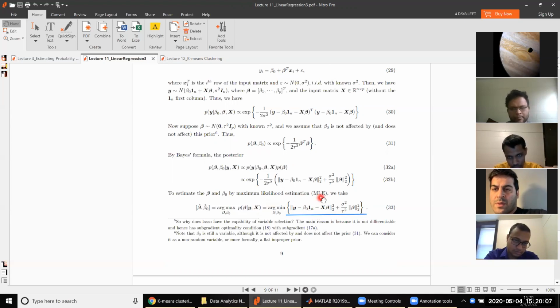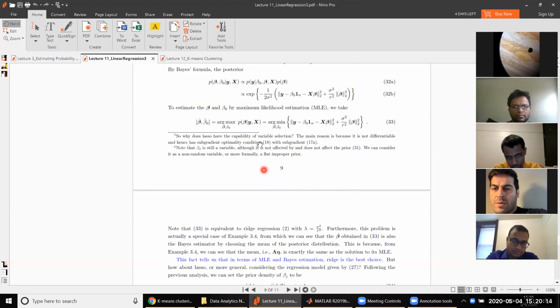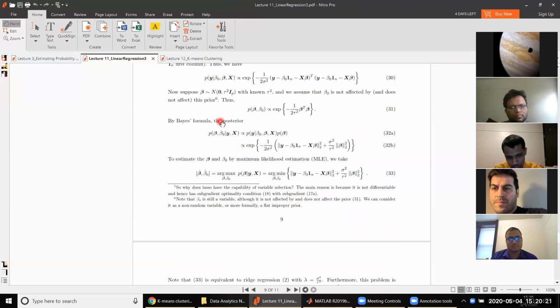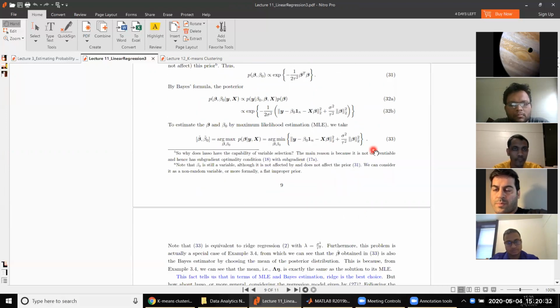They are the same. Get the point here? And hence, we conclude that it doesn't matter whether you use MLE or the mean to have the point estimation for beta 0. In terms of this setting, both of them are equivalent to the ridge regression. And hence we conclude that in terms of Bayes estimation, ridge is the best. Then you may say, hey, you claim ridge is the best.